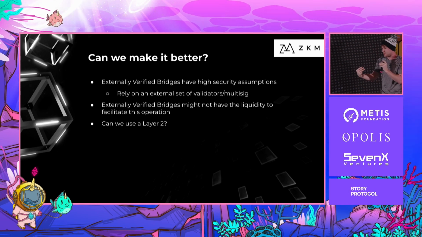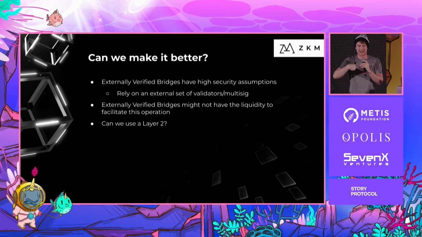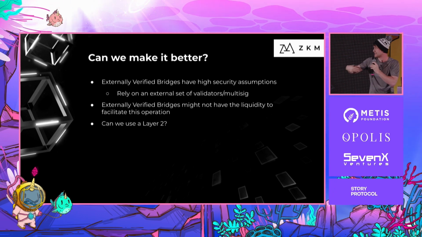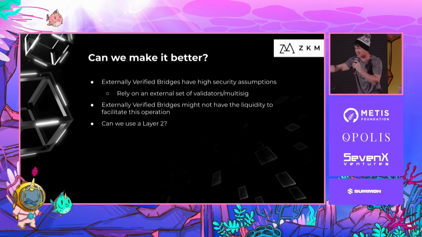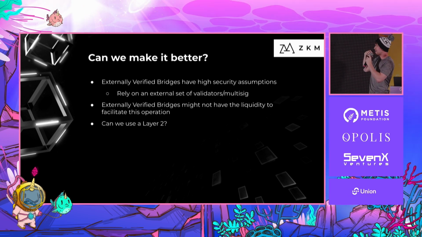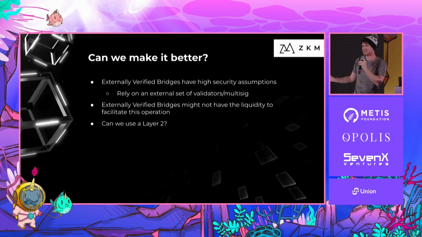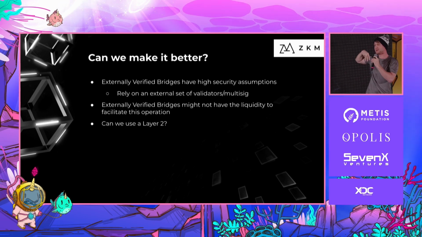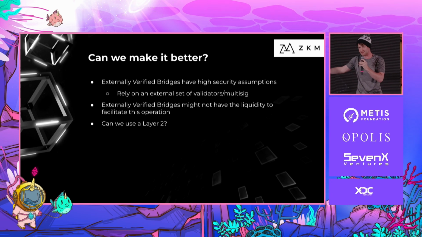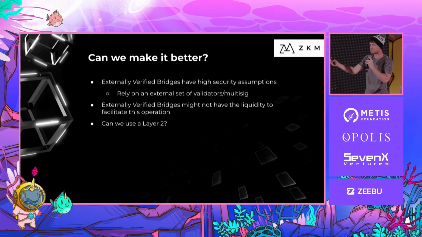Now, externally verified bridges have a high security assumption. Because I have to trust that the transaction has executed, I have to rely on an external set of validators. So essentially, I have to trust the protocol that they do the actual bridge operation correctly, or I have to trust the multisig that's controlled by the protocol.